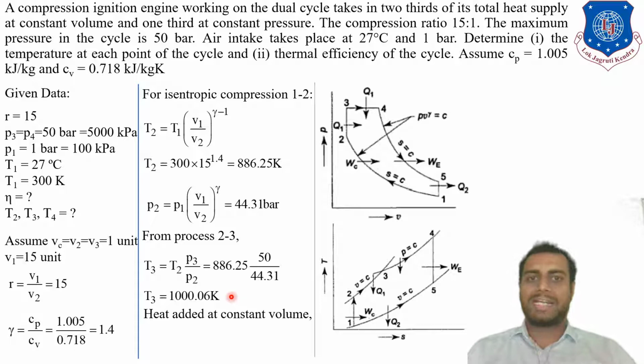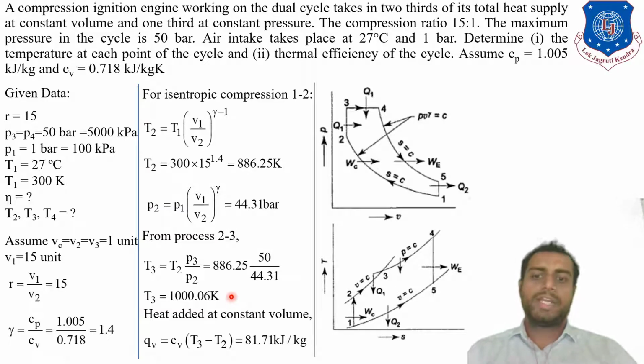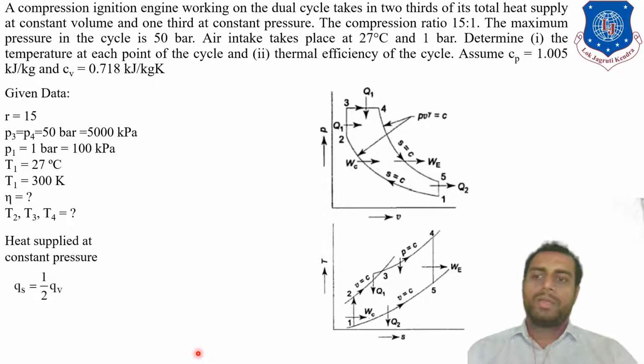So the equation of heat addition for a constant pressure process is Q is equal to m Cp delta T. Here the heat addition for the constant volume process can be found as Qv is equal to Cv delta T. The value of Cv is given, T3 is given, T2 is given, so I get the heat addition at constant volume as 81.71 kilojoule per kg.